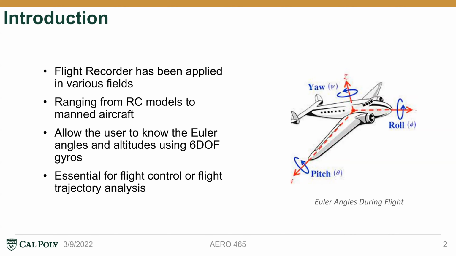So what we're doing here is designing a small-scale flight recorder for RC aircraft to record the data and also allow the user to visualize all the data and then do analysis on their trajectory or design their flight control panels. So our project would be a flight recorder, or like a flight black box, specific to RC models that are in smaller scales.